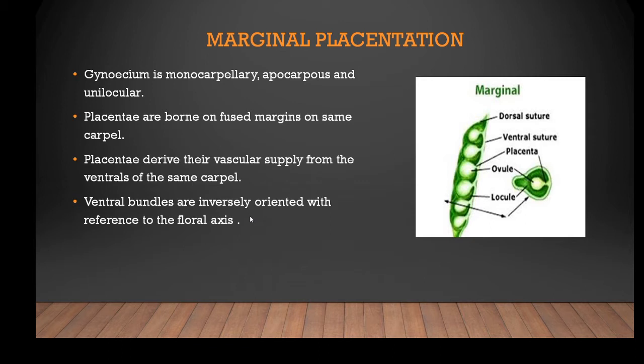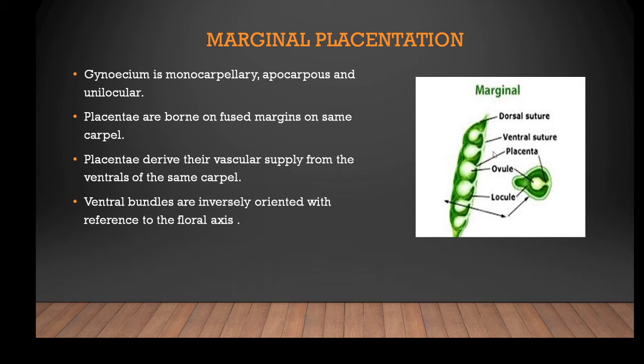If the gynoecium is monocarpellary, apocarpous and unilocular, the placentae are borne on fused margins of the same carpel. The placentae derive their vascular supply from the ventrals of the same carpel. This is the ventral suture.